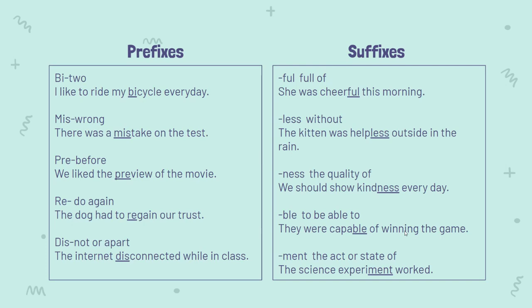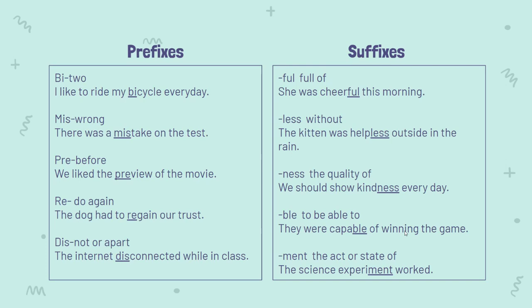Then you have your suffixes, and those are going to come at the end of your words. So you have ful, less, ness, ible, and ment. So when you see ful, it means full of. So she was cheerful this morning. So she was full of cheer. And then less means without.